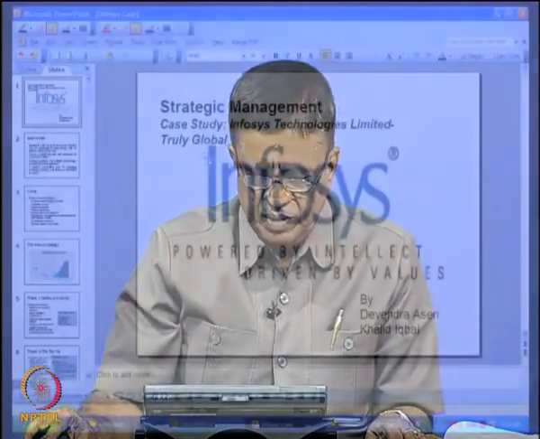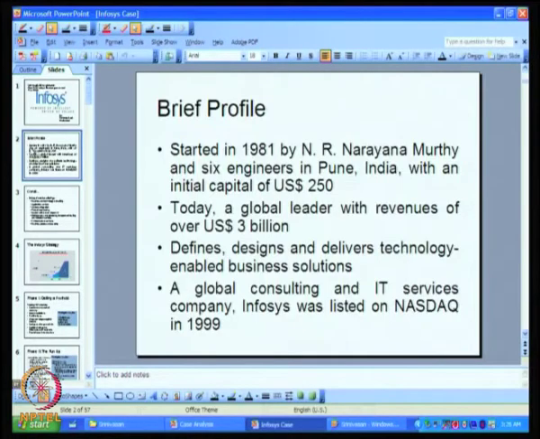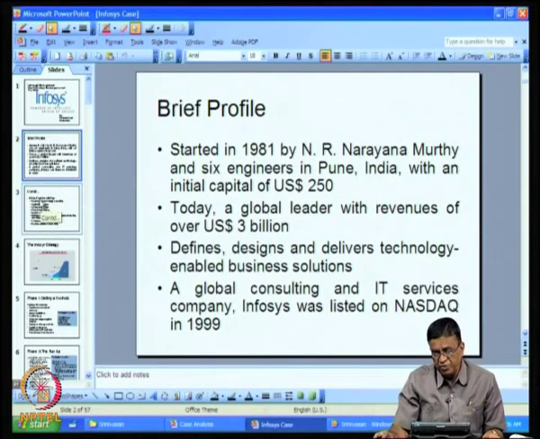Okay. So, if you really see what they have done, in the case study on this Infosys technology, they have given a brief profile of this company Infosys, how it was started. So, started in 81 by Mr. Narayan Murthy and 6 engineers in Pune with an initial capital of US $250. Today, a global leader with revenues of over US dollars 3 billion.